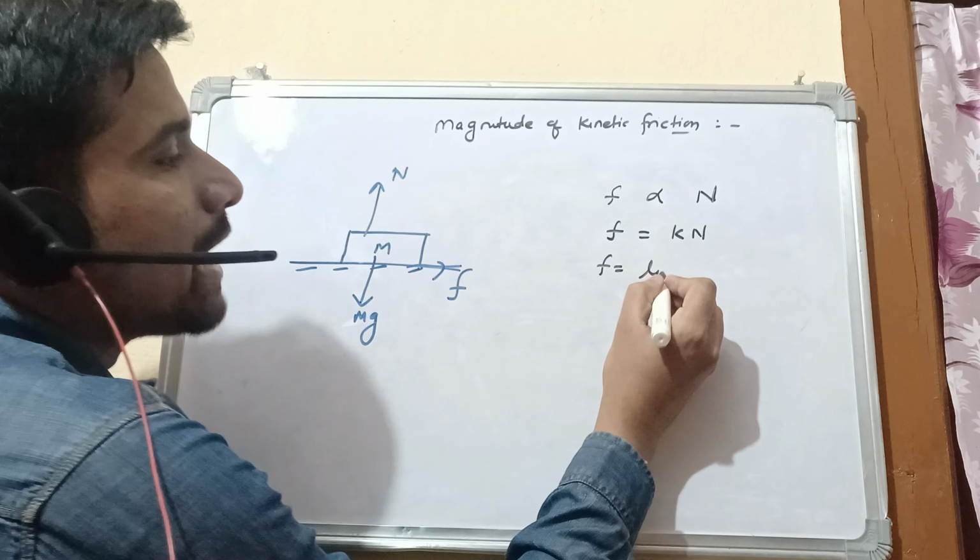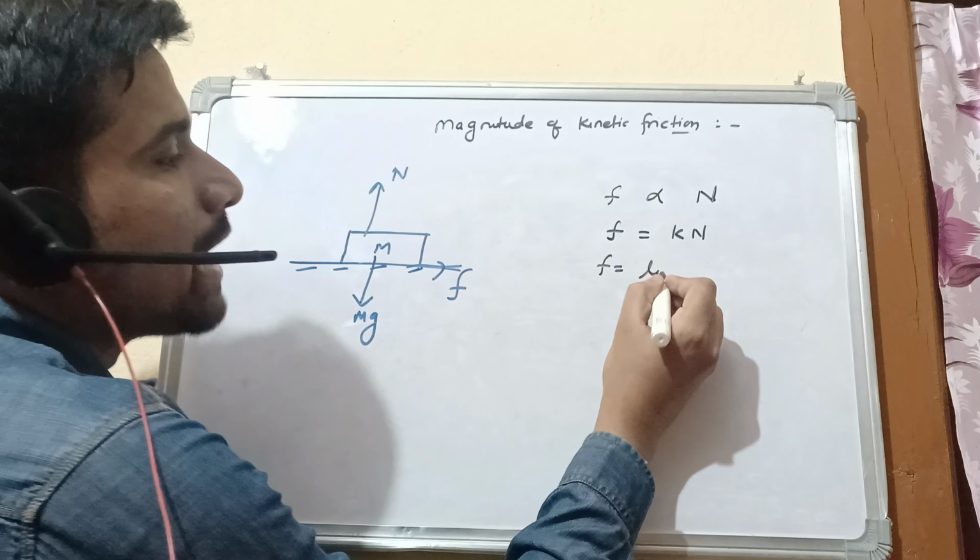So the frictional force is given by mu k times the normal reaction, and mu k is called the coefficient of kinetic friction. N is the normal reaction, and F is the force of friction.